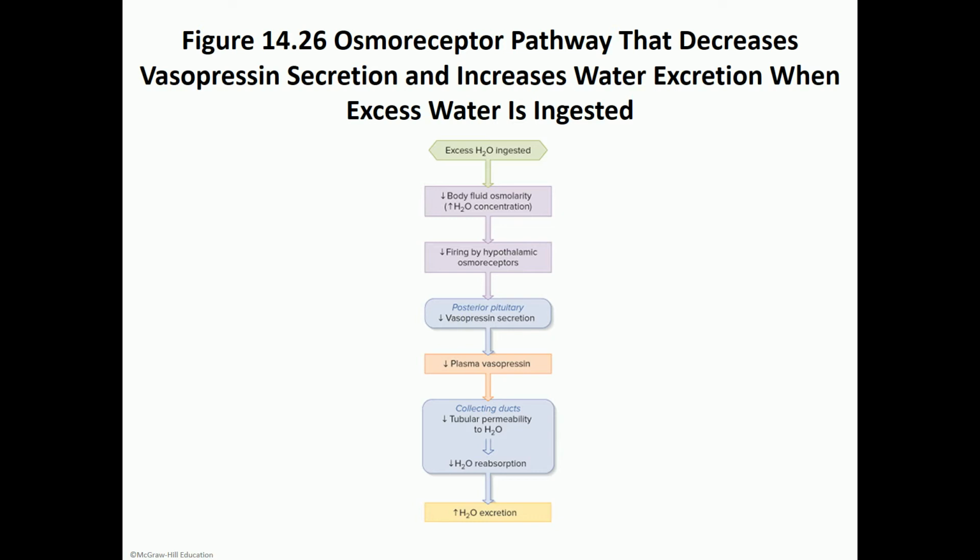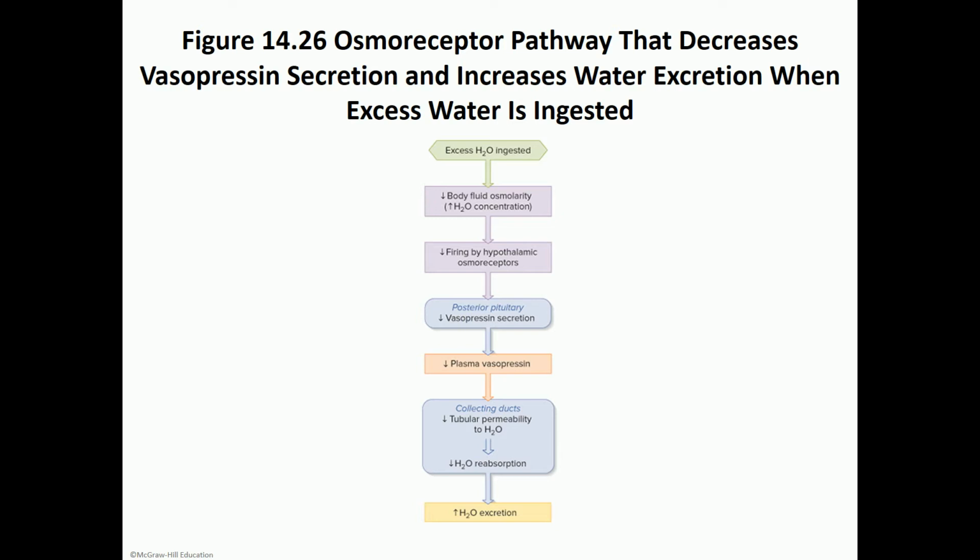Now the effect of the osmoreceptors and how it affects the levels of urine that we make. If we drink too much water, that will decrease the osmolarity of our body fluids. That change in osmolarity is picked up by the osmoreceptors that are found in the hypothalamus. They decrease their firing, and that means that the posterior pituitary will decrease the amount of ADH being secreted.